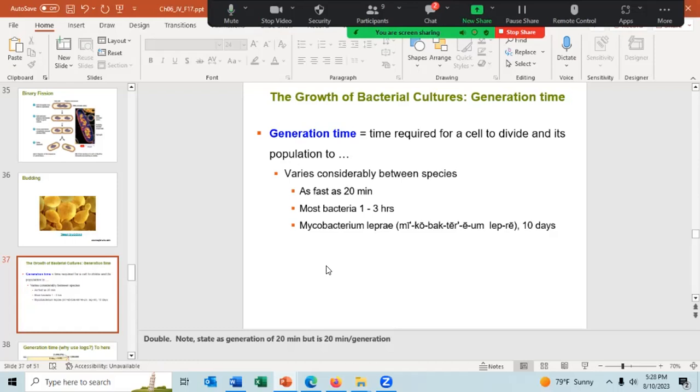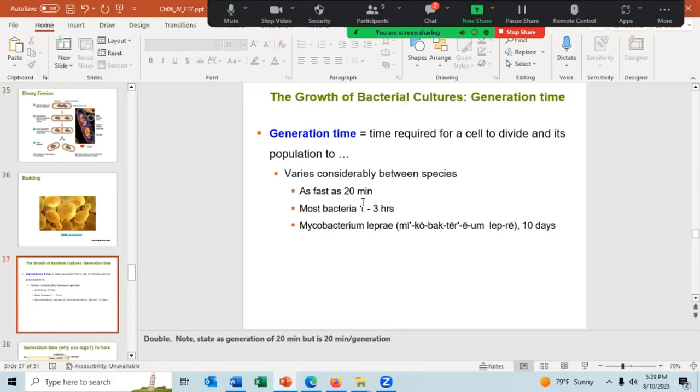We say the generation time is 20 minutes, but we mean 20 minutes per generation. But per generation is often left off. And E. coli has a very fast generation time, about 20 minutes per generation.